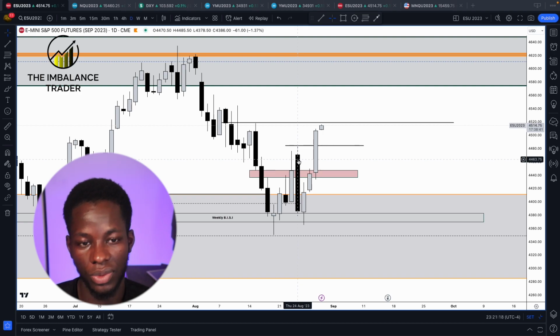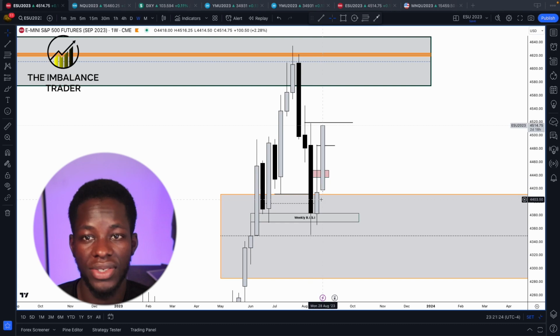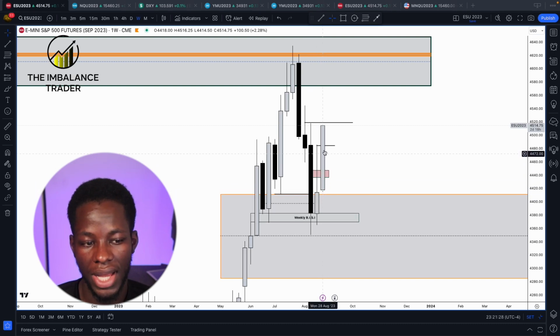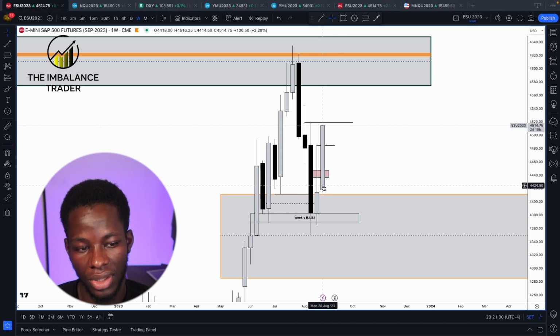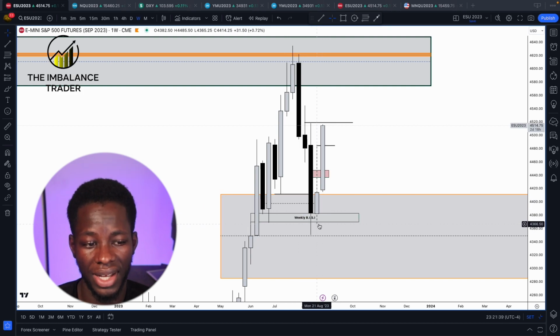You don't have to predict where the week is going to close, but you can get a sense of where that weekly candle is likely to go. So as it closed here, the likelihood of that candle going lower after this week is not that high.